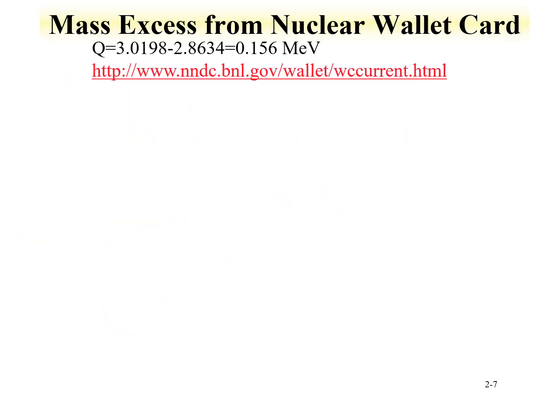On the previous slide, we saw that the Q value for the decay of carbon-14 is 0.156 MeV. I also told you that you could get the mass excess data for the isotopes involved, so carbon-14, nitrogen-14, from the nuclear wallet cards and the website for the nuclear wallet cards listed here.